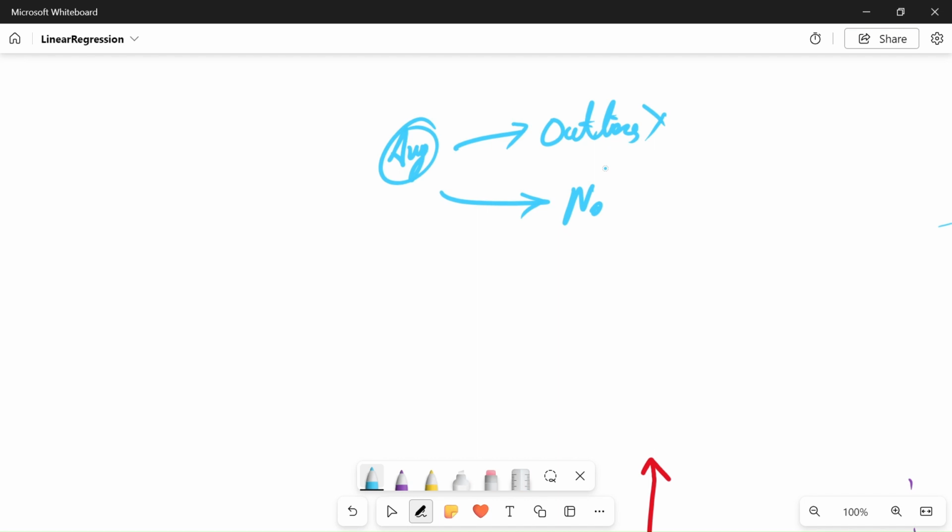Even if it is skewed, it is negligible, and you don't have any major outliers in your data set as well. Okay, so negligible skewness and no outliers. If your data set has no outliers and negligible skewness or no skewness, then the average represents the majority proposition of the data set, right?